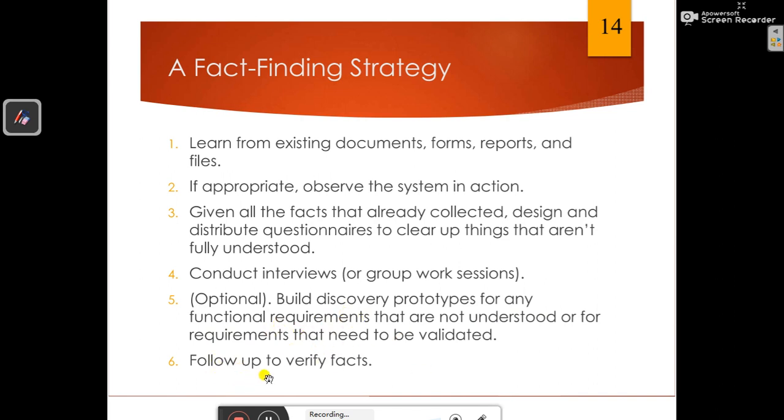Then follow up to verify facts, and that is also more important, because when you gather the facts, they need to be followed up and verified, and in that way the facts are going to be very helpful in building the information system, or developing a system, or analyzing the system.